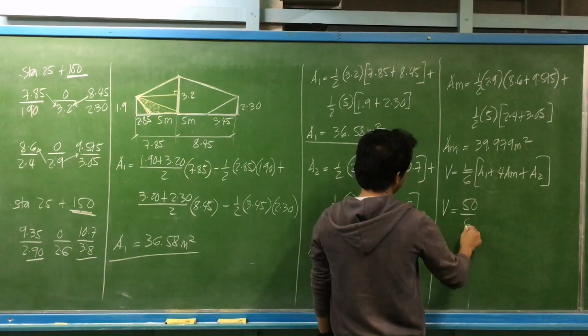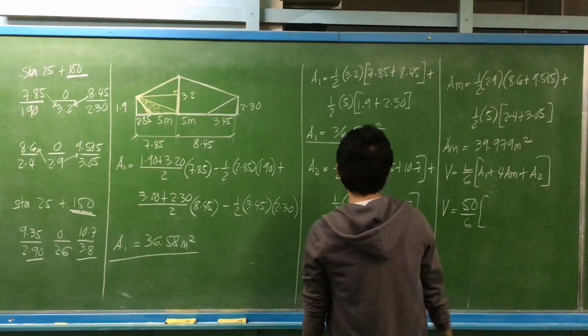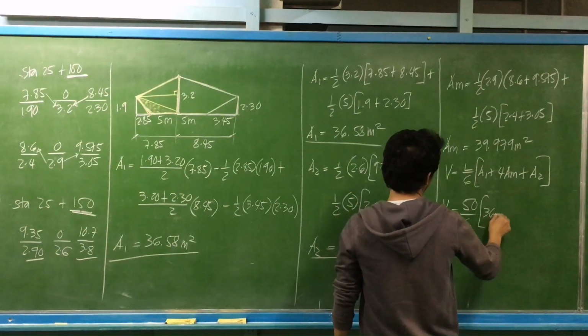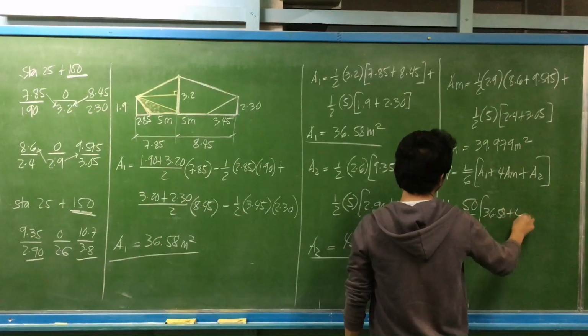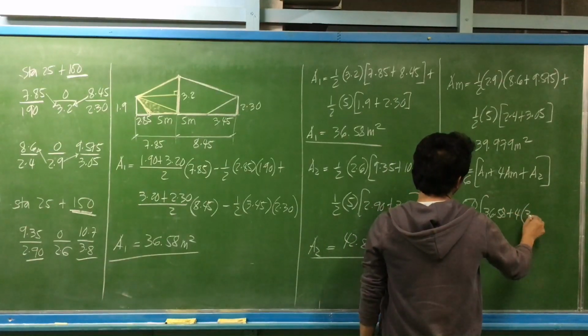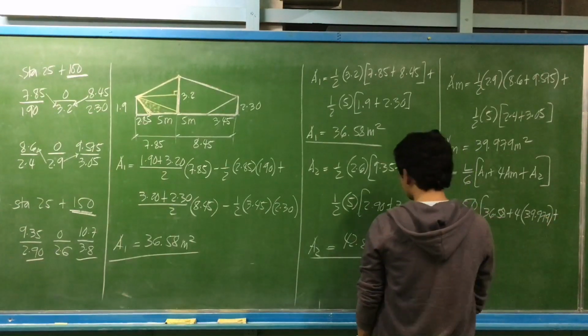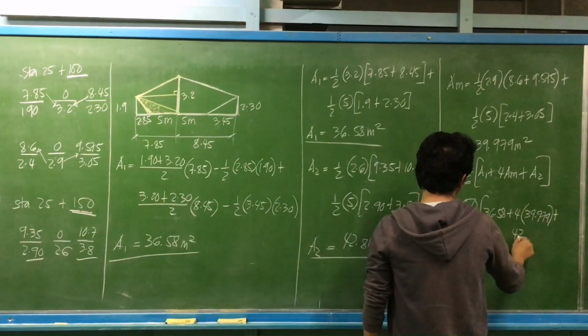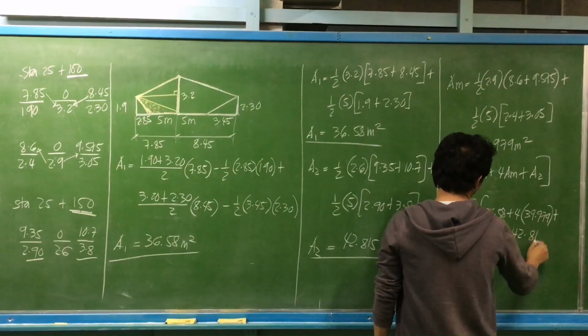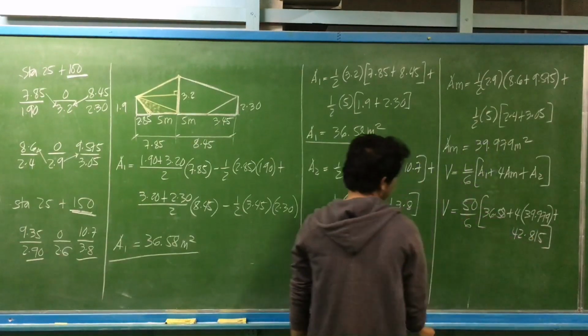So 50 over 6. Area 1, what is our area 1? We have 36.58 plus 4 times area M, 39.979 plus area 2, that is 42.815. Okay, let us compute.